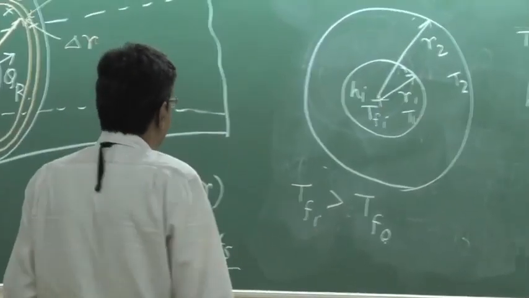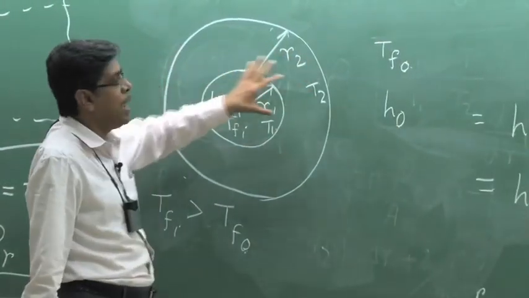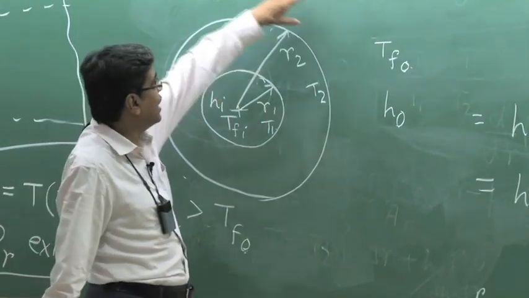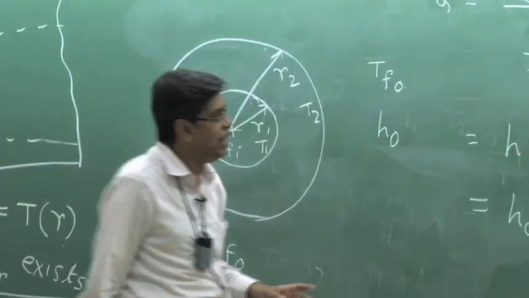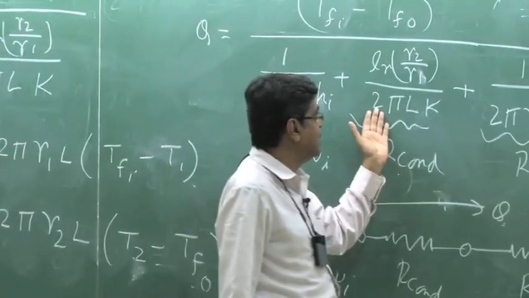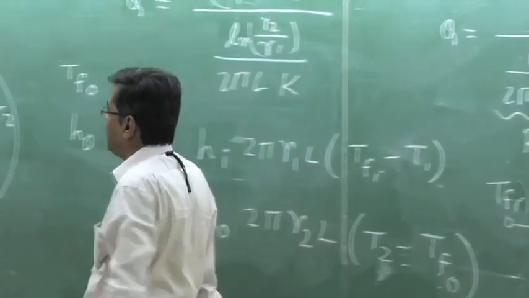That means instead of one cylindrical wall, we may have a composite cylindrical wall. That means we have another cylindrical layer of material of different thermal conductivity. Then we will be adding another conduction resistance like this, which will be from R2 to R3.